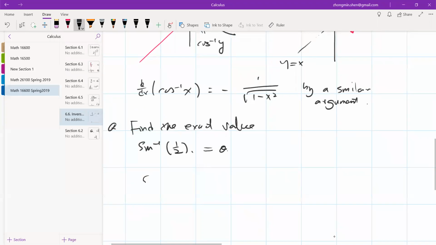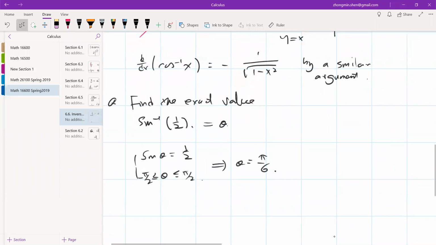So you know sine theta is going to be 1/2, and theta is between negative pi over 2 and positive pi over 2. I think that's the only unique solution there, which is pi over 6. Okay, sine pi over 6 is going to be 1/2. So in this case, yeah, theta is going to be pi over 6.